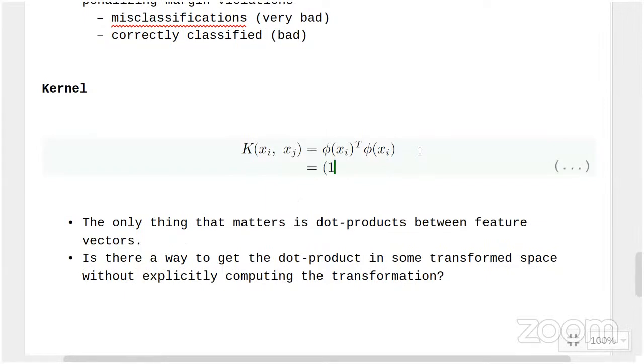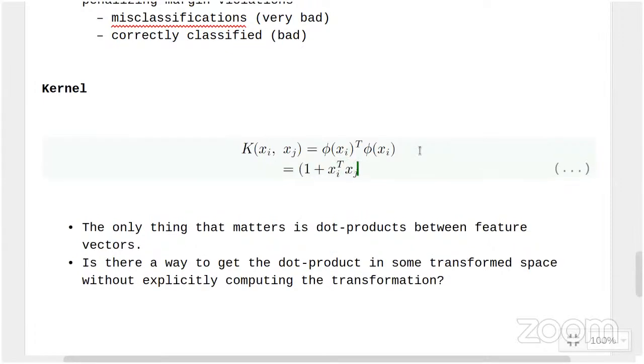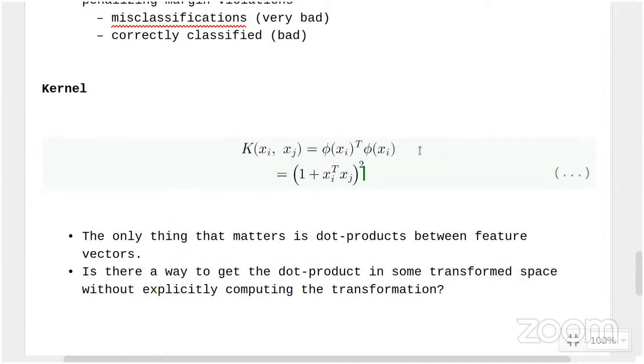So for example, if you take the polynomial kernel, it will be something like this, right? So Xi transpose Xj, whole power 2. This is a degree 2 polynomial kernel. This actually corresponds to some 6-dimensional space.